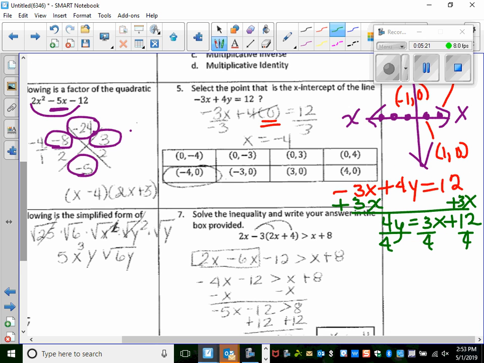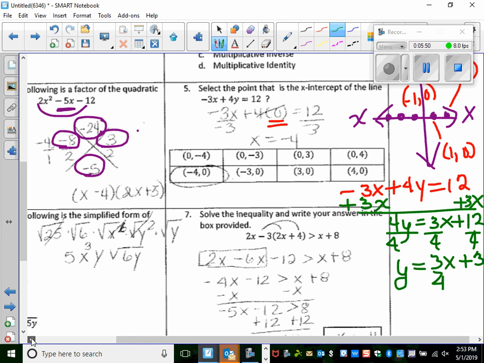All right, and then I'll have y equals 3/4 x plus 3 when I reduce 12 divided by 4. So then you could punch that into your calculator, and then you could see very clearly that it's crossing the x-axis at negative 4. Okay? So that's an alternative way if you don't want to just replace y with 0 and solve it for x. So just trying to give you some choices. All right, let's take a look at the next one here.